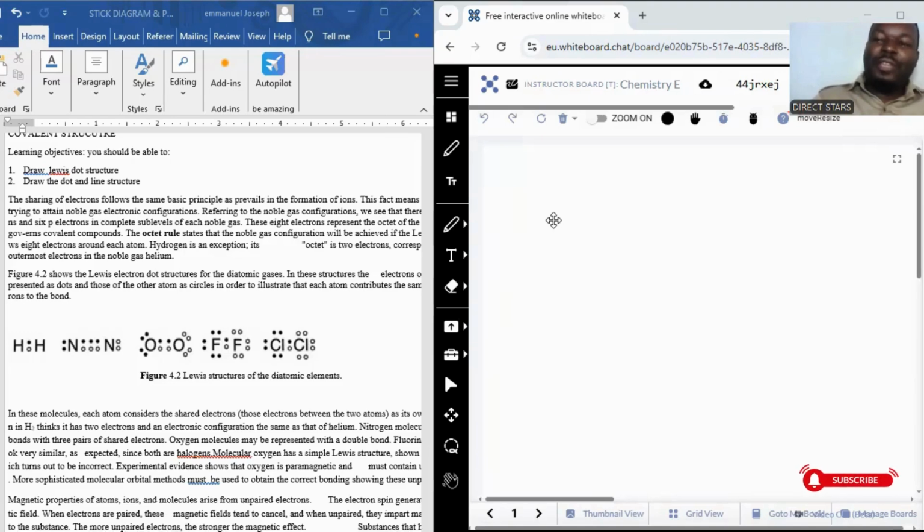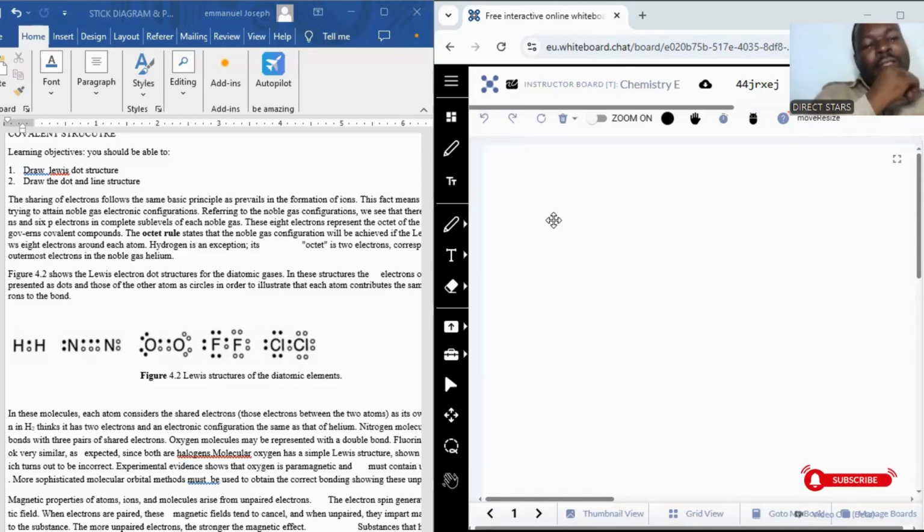We also delved into the properties of this bond. There we understood that the covalent bond itself is a strong bond, but the intermolecular bond between the molecules of these covalent compounds are weak. And that is the reason why molecular compounds have low melting and boiling points.